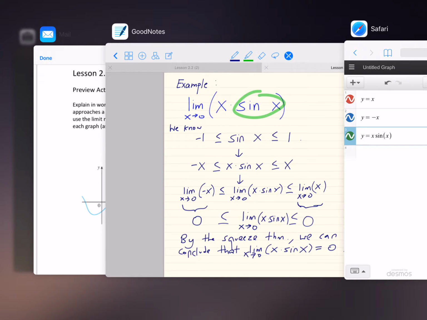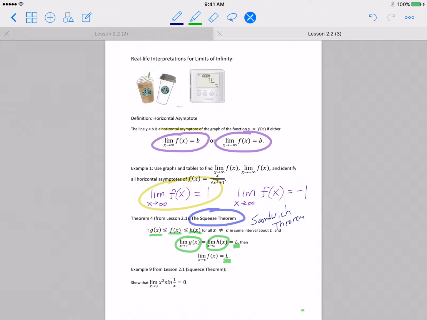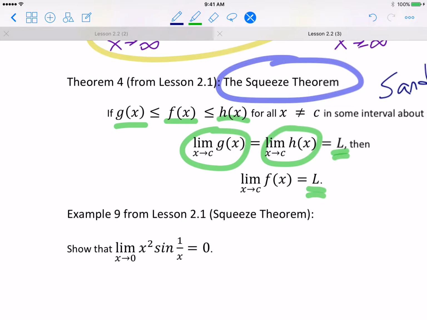Okay. So now to set you up for example 9 from lesson 2.1, you use the same idea. You do have to know the fact that sine of 1 over x is also in between 1 and negative 1. You can check with decimals if you're not sure about that. And then we're just multiplying both sides by x squared.